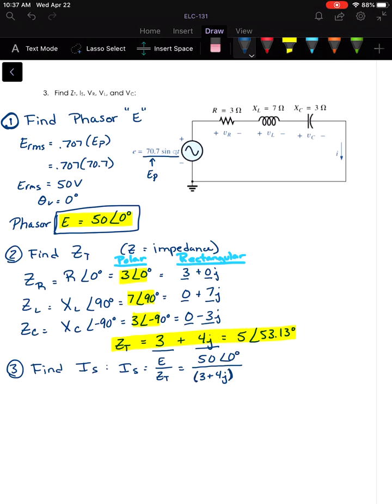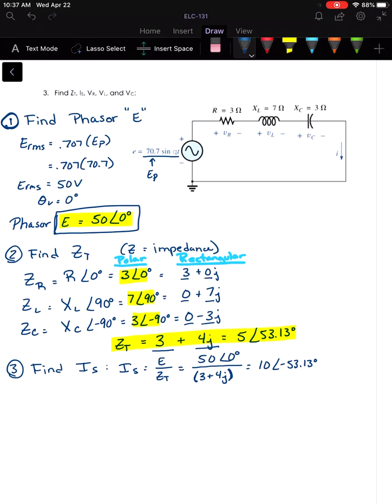Just make sure you're putting these parentheses in the denominator, or you'll get a wrong answer. You could also use the polar form. Either is fine. I'm going to have this return the polar form for me, 10 at negative 53.13 degrees.